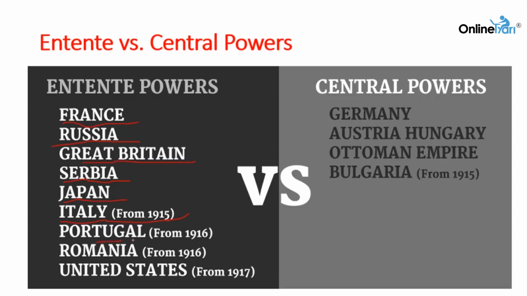Similarly, Portugal and Romania also entered the war, and the one factor which resulted in the culmination of the war, with Britain winning, was the United States in 1917. We will go through that in the second slide, and let's now look at the Central Powers.